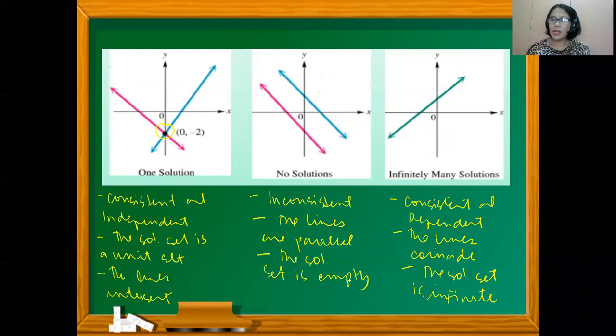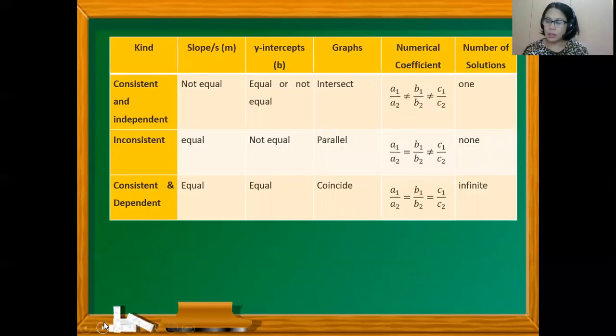Now, recognizing the different kinds of systems allows us to know the number of solutions to a particular system. And this table would show the summary of each type of system of linear equations. So we have consistent and independent. Their slopes are not equal. Their y-intercepts may be equal or not equal.